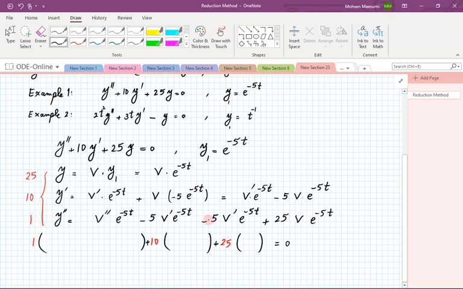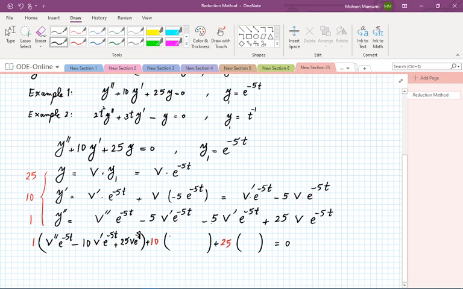So one of this one. So it's going to be v double prime exponential of minus 5t. 5 and 5 is a 10. V prime exponential of minus 5t. And then this is, well, 25 v exponential of minus 5t.